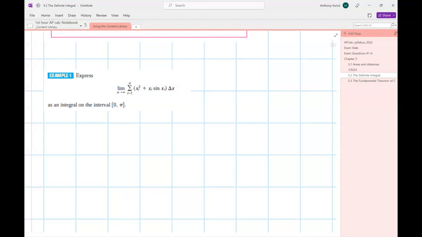Okay, so this is quite easy to do. We're going to have our integral symbol. What's the lower bound on our integral going to be? 0. What's the upper bound going to be? Pi. What's the integrand that we're going to be integrating?